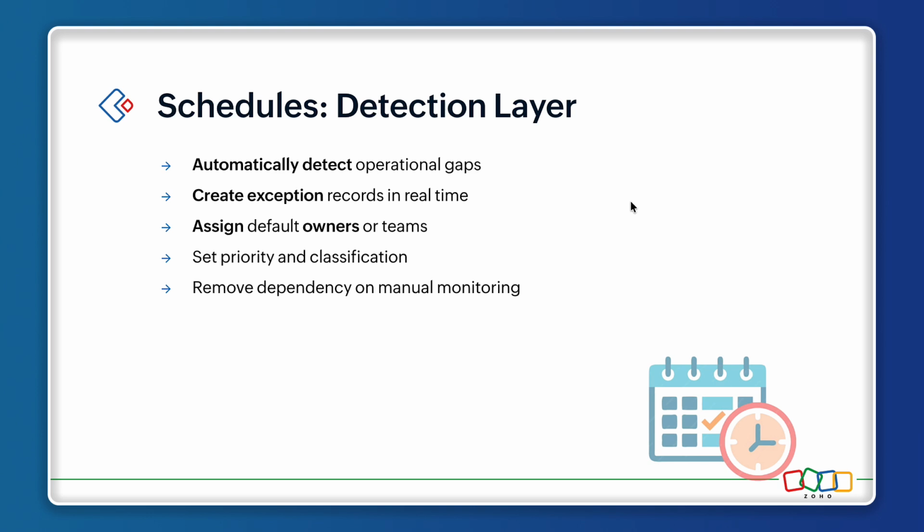The scheduler workflow can even set the priority and classify the exception it has detected. Most importantly, this helps us remove the dependency on manual monitoring of a business process. Again, this scheduler acts as a detection layer which automatically detects the exception.